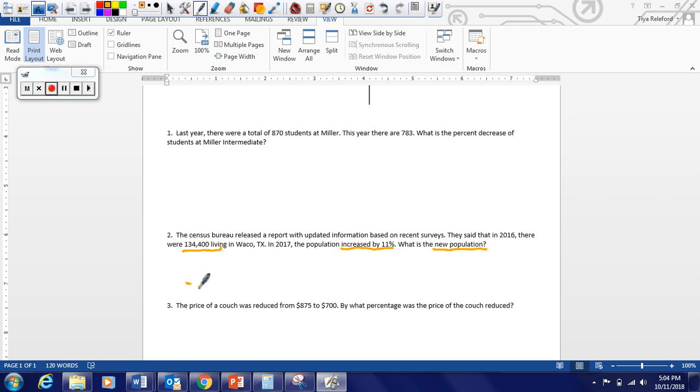So our answer, the new population, is blank, right? So if it increased, will our answer be more or less than 134,400? It should be more.